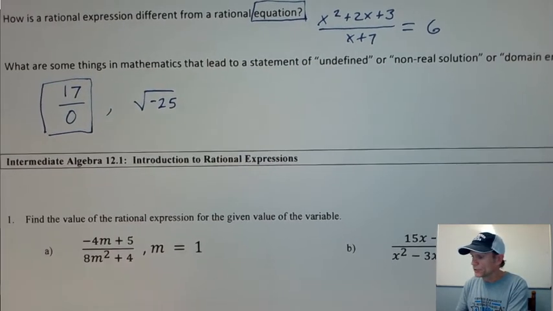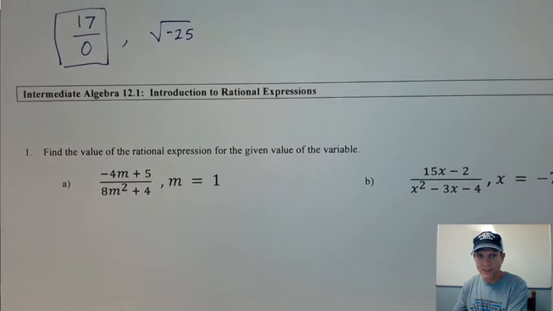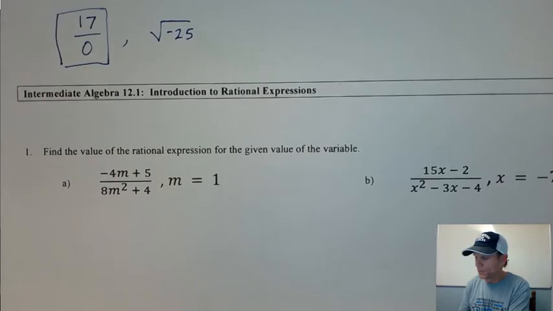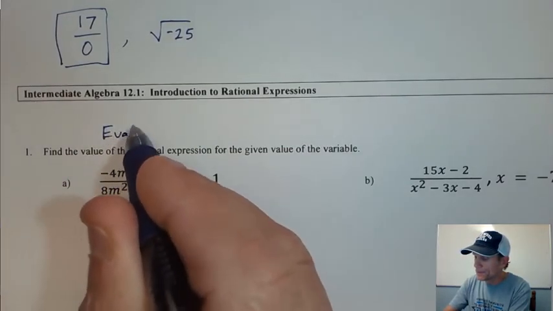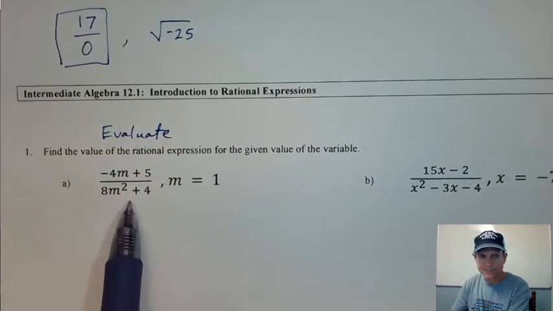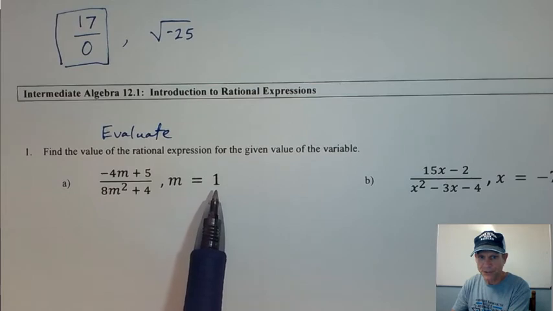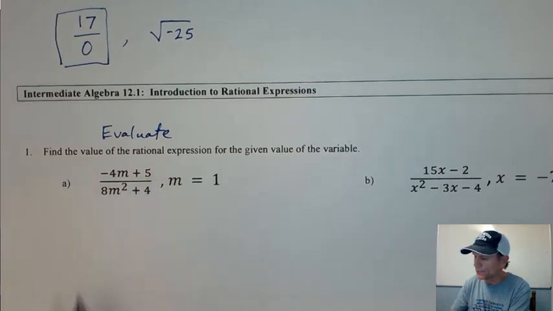So let's do these first two problems from 12.1 and see how we're doing on time in this video. This is where we're going to evaluate, and they give us a rational expression here. They give us a value, which this one's pretty easy. They give us a value of 1, so we'll put 1 in wherever we see an m.